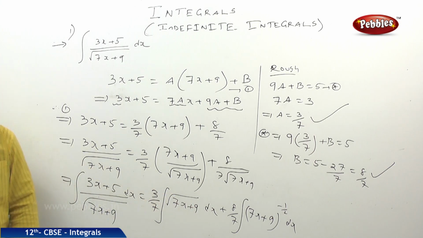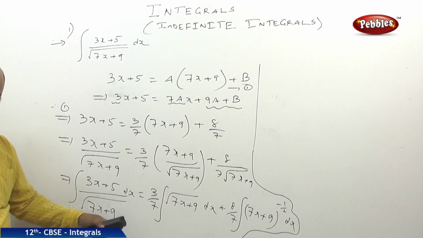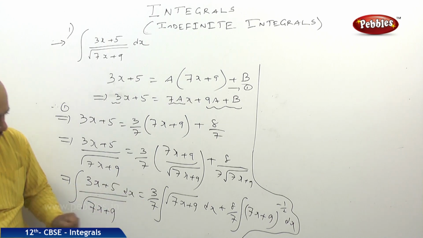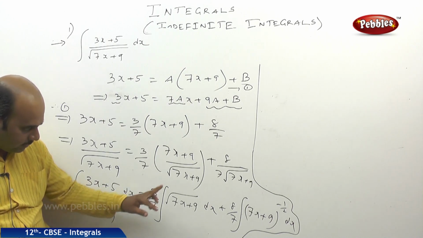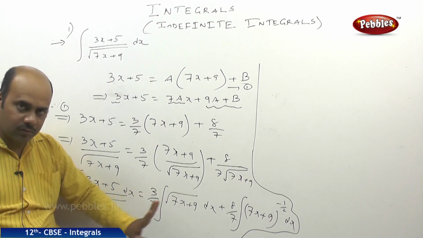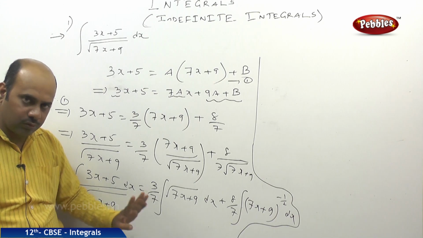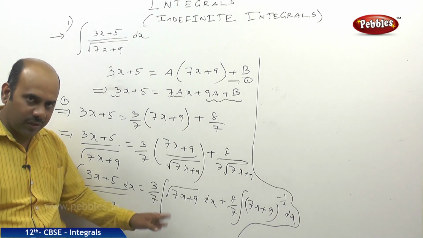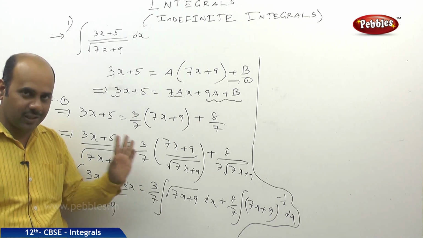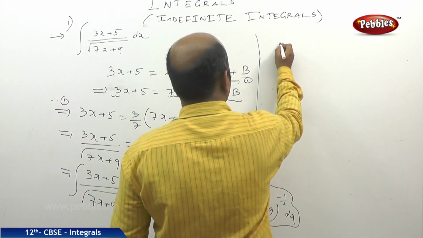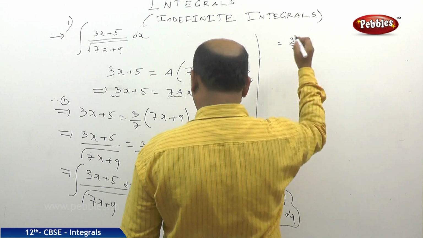Right. Now I think you copied up to here. Now I'll go for the next step. If you observe carefully, 3 by 7 into integral of under root of 7x plus 9. It is looking like root x. Root x means x power 1 by 2, which is of the form x power n. So here that is equal to 3 by 7.